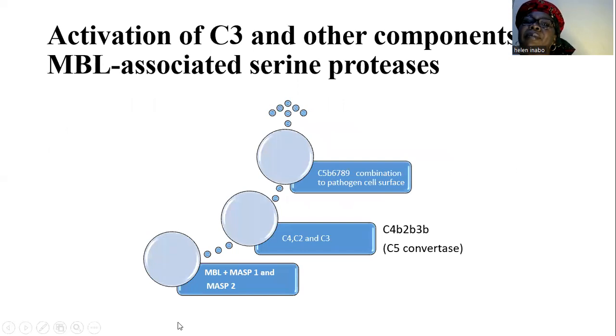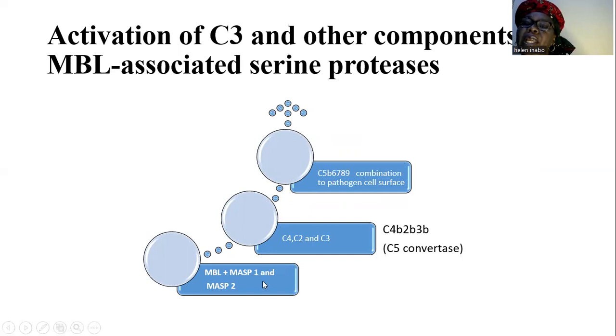Here you have the diagram showing the activation of C3 and other components by the mannose binding lectin-associated serine proteases, which can be seen below.